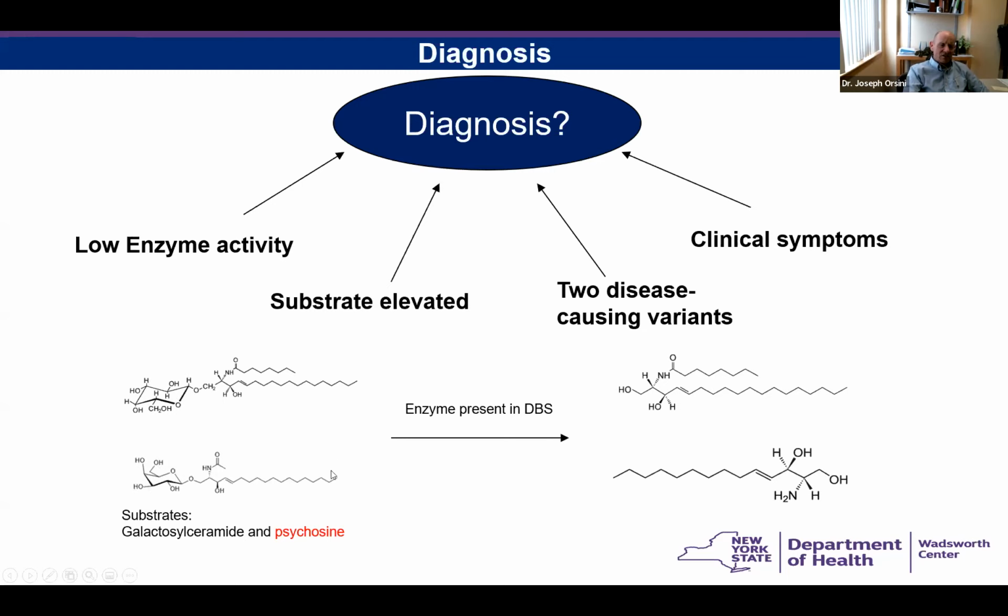And it's an interesting fact that there's something called a psychosine hypothesis. And that is where psychosine is really elevated, and it actually causes the cells that produce the galactosyl ceramide to die through cell apoptosis.